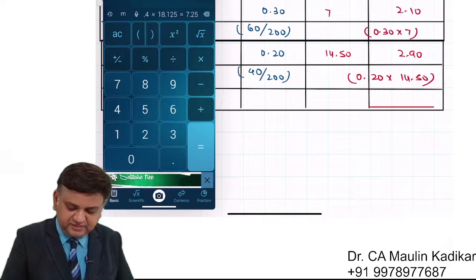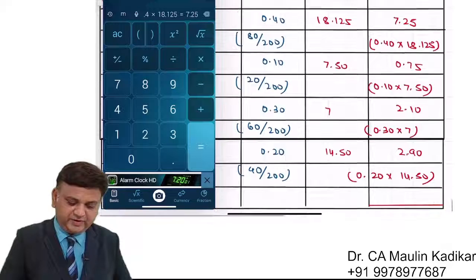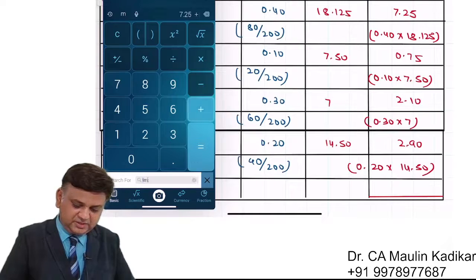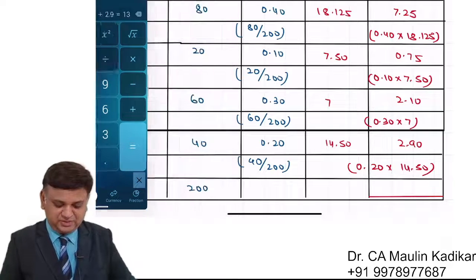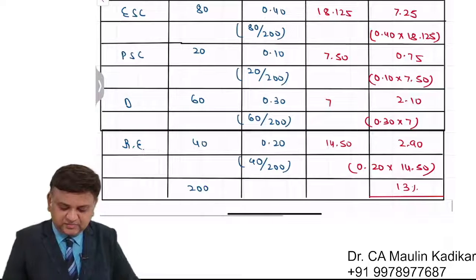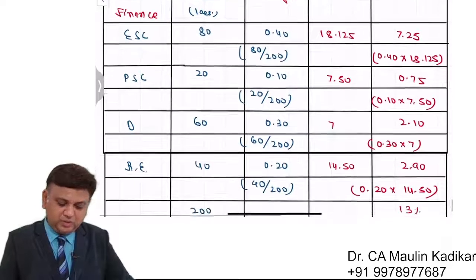That is the way the weighted average or overall cost of capital can be found. So the final answer would be 7.25 plus 0.75 plus 2.10 plus 2.9. That is 13%. This is the way weighted average or overall cost of capital is found using the book value proportion.